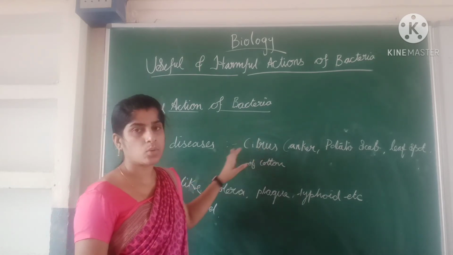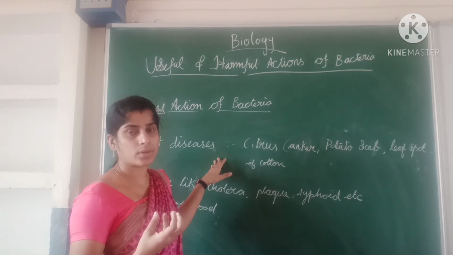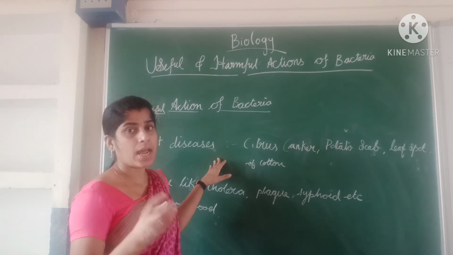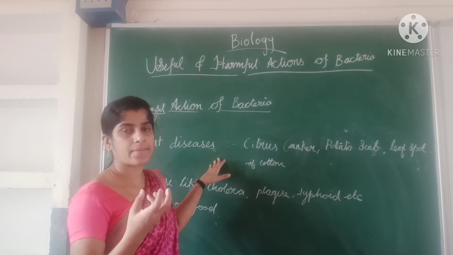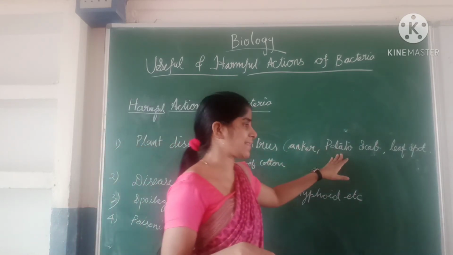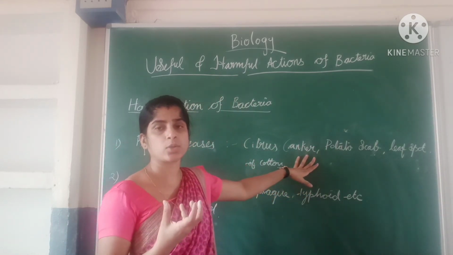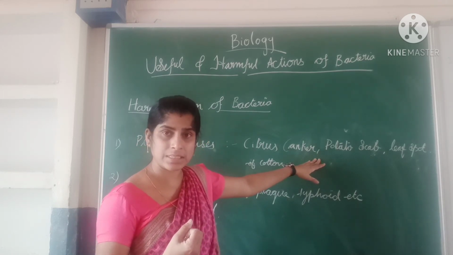Citrus canker: you know that the citrus tree has black spots on the leaves, and the citrus, meaning lemon, also has black spots. And potato scab: inside the potato there is black color, which is a bacterial infection.